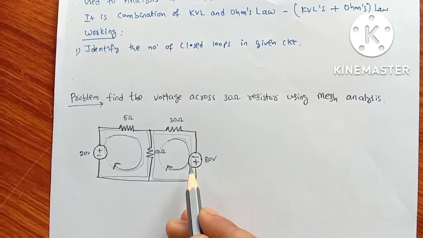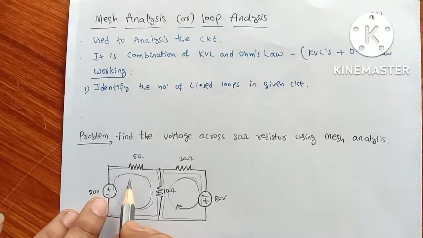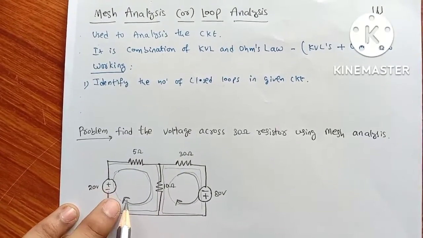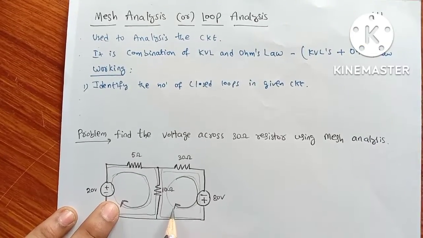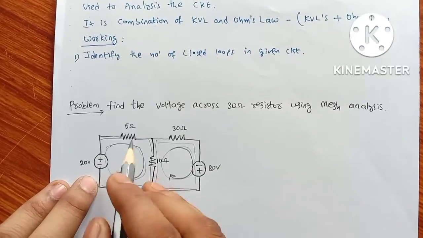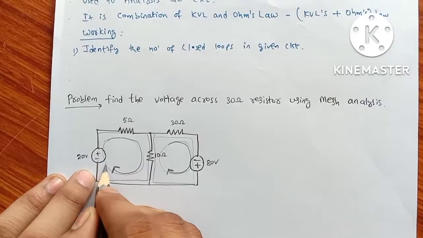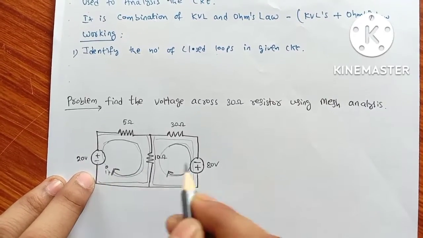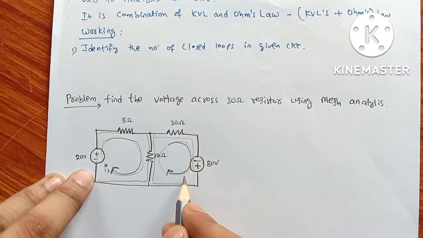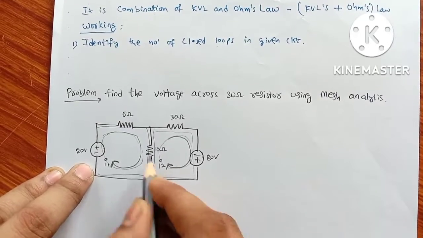So assign in clockwise direction, name the current in this loop as I1 and the current in this loop as I2.